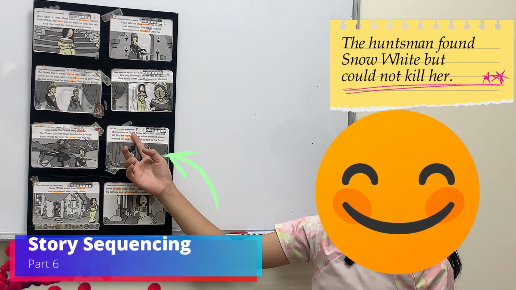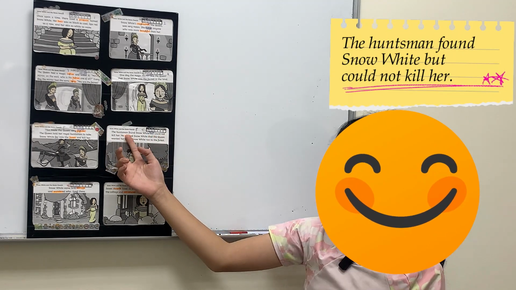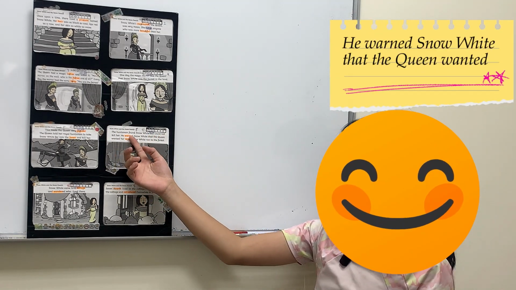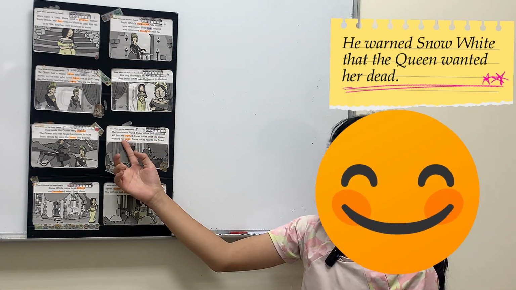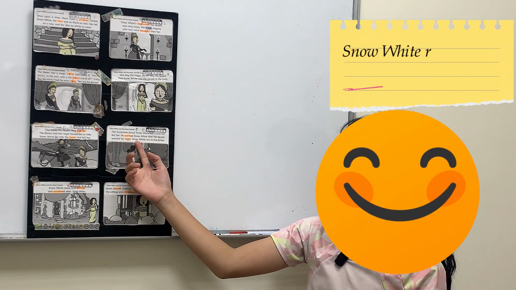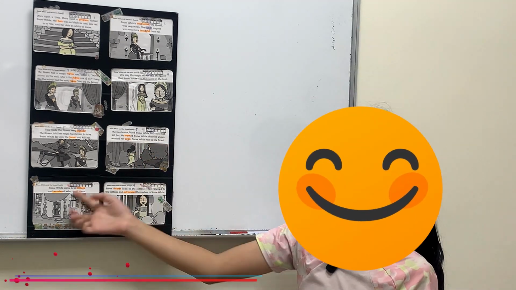The huntsman found Snow White but could not kill her. He warned Snow White that the queen wanted her dead. Snow White ran to the forest.